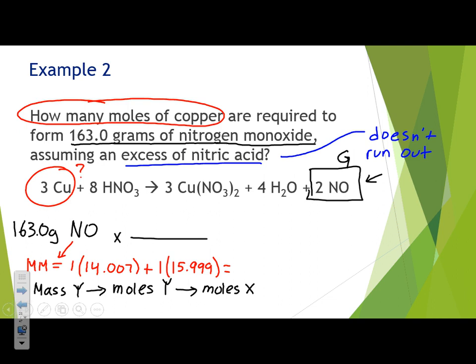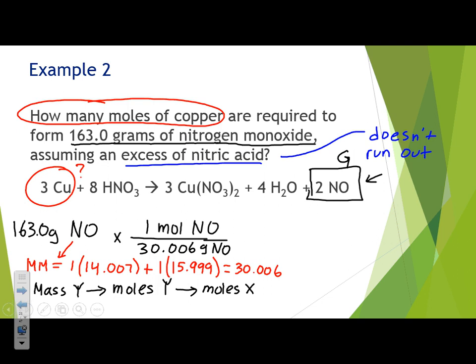This gives us a total mass of 30.006. So this number then will go on the bottom as 30.006 grams of nitrogen monoxide. On the top then, that is the mass of 1 mole of nitrogen monoxide.